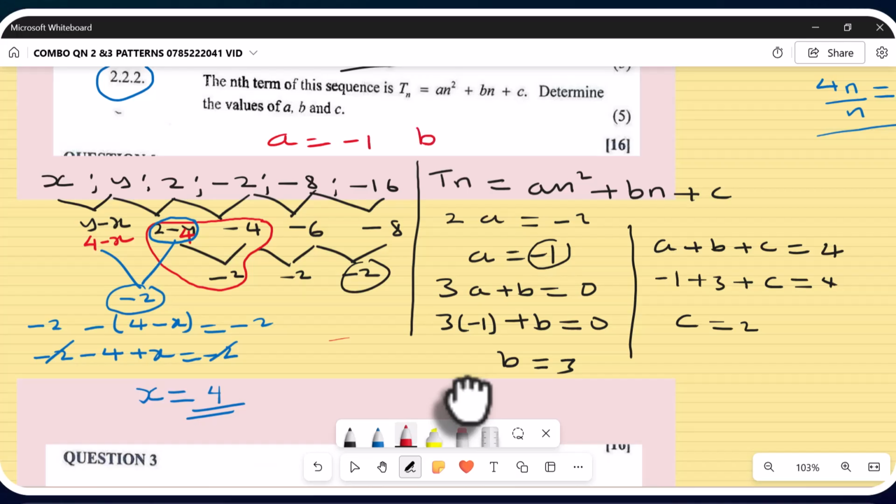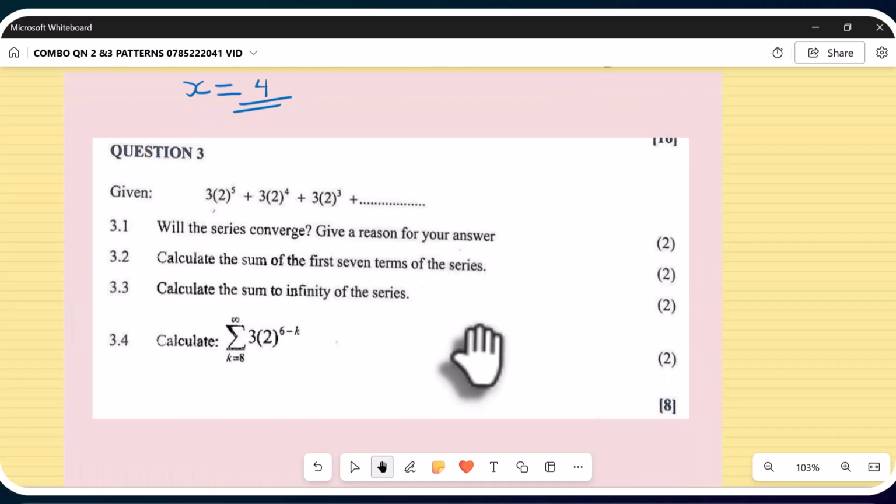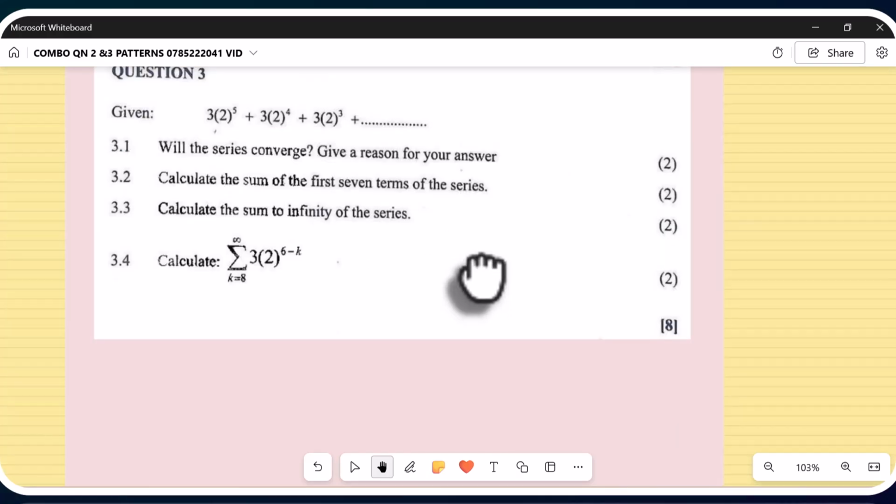Alright, then they say calculate the sum to infinity, that is 3.3. Now our S infinity is given by a over 1 minus the common ratio. Our a here, like we said already, is 3 into 2 to the power 5, divided by 1 minus the common ratio, which we said is a half.